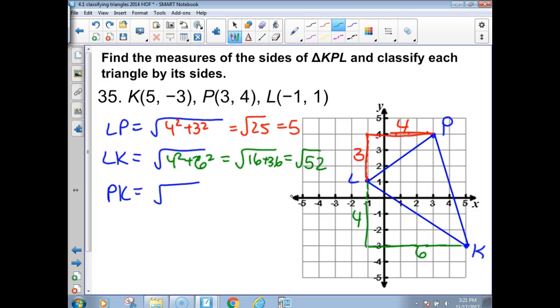All right, you got square root of 52? And some of you are being lazy and you didn't do it. That's why you don't know how to do it. Practice. Some of you still can't do this distance formula.